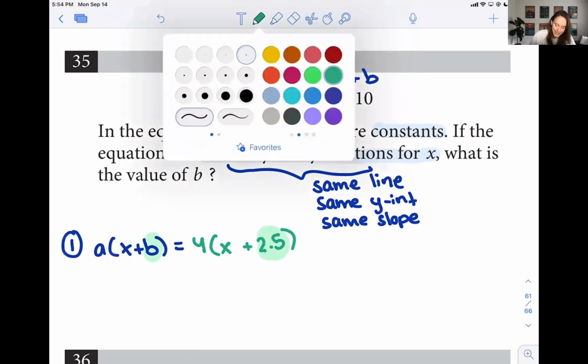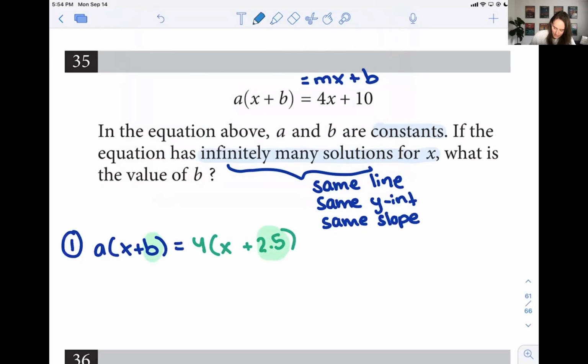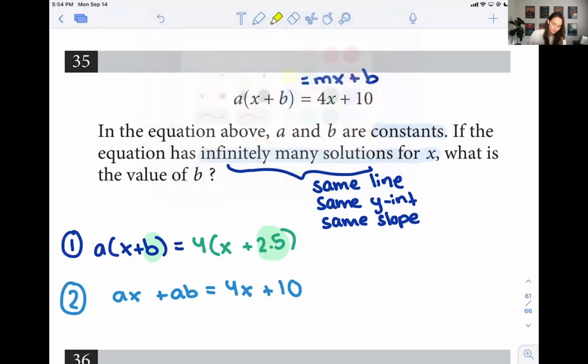Second fastest way is to multiply to distribute each side. So we're going to have ax plus ab equals 4x plus 10. And then we're going to see that they have to have the same slope. So if I look here, my slope on the right-hand side is 4.